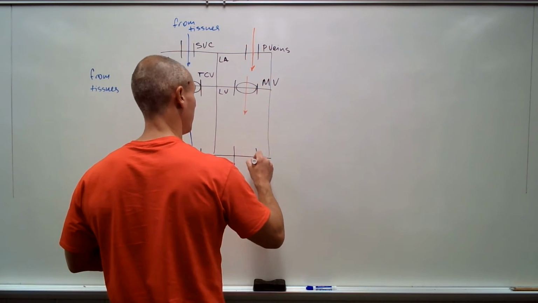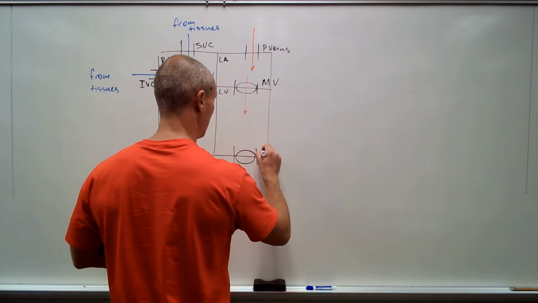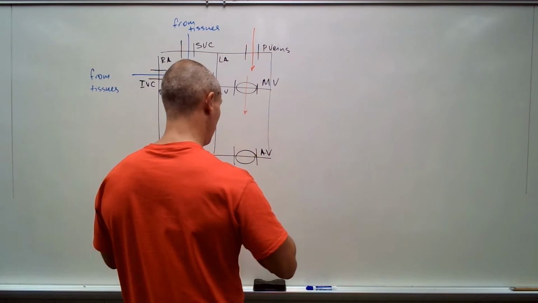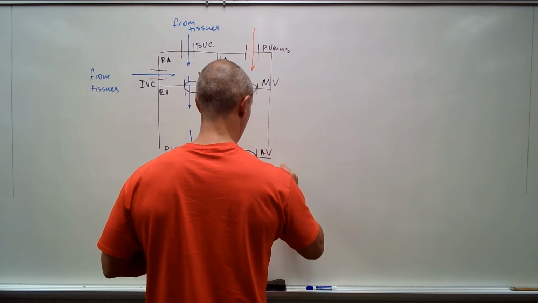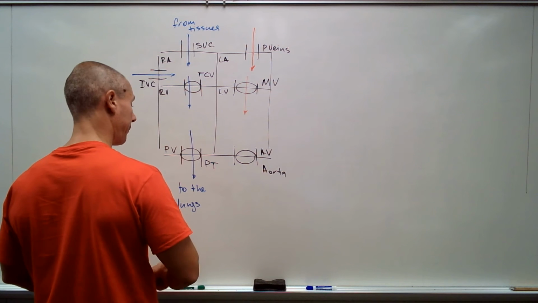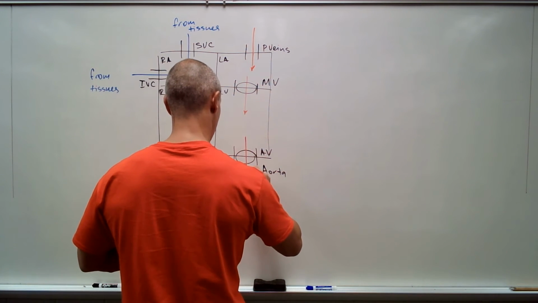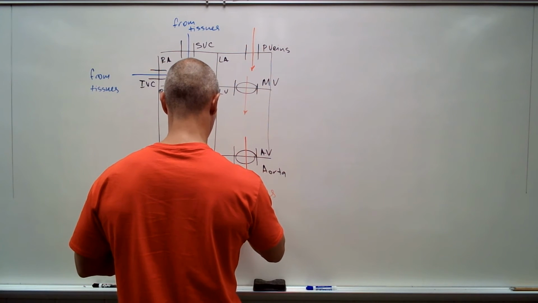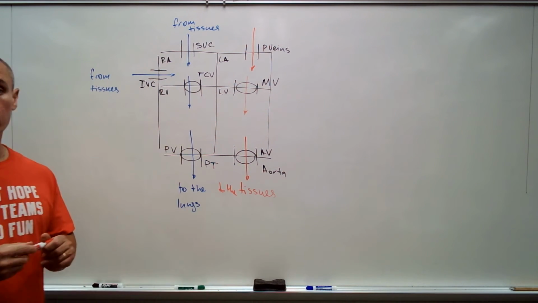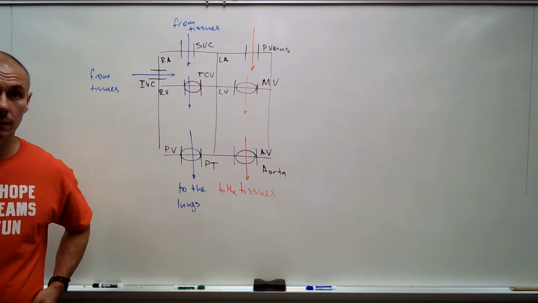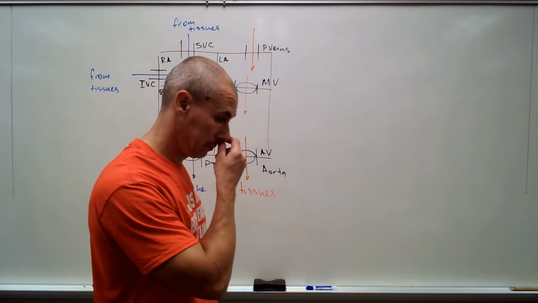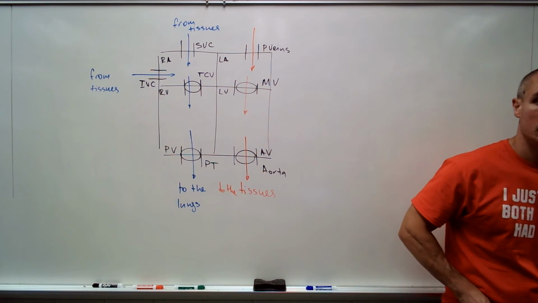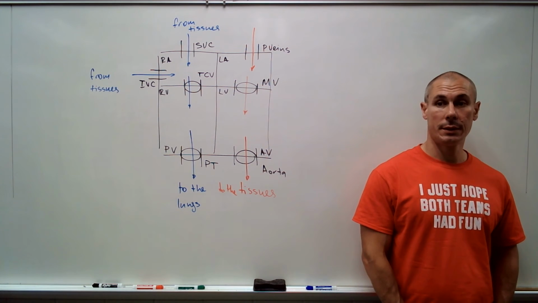Now left ventricle pumps the blood out through the aortic valve into the aorta. And blood goes to the tissues. Does that make sense?